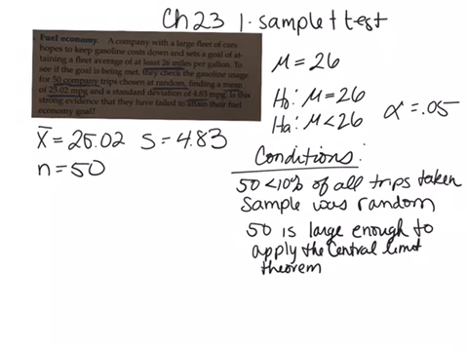It has to be greater than 30, and then the central limit theorem applies. The central limit theorem says if our sample is large enough, then even if the population is skewed, the sampling distribution will be normal. And that's what this condition is checking. Will the sampling distribution for the mean be normal? So since conditions are met, a normal model, or a t model, is appropriate.